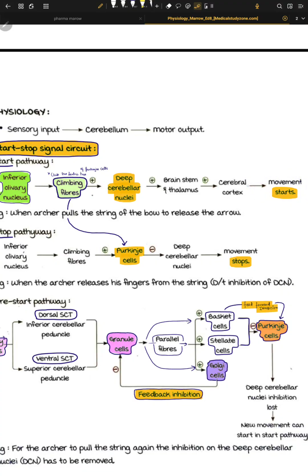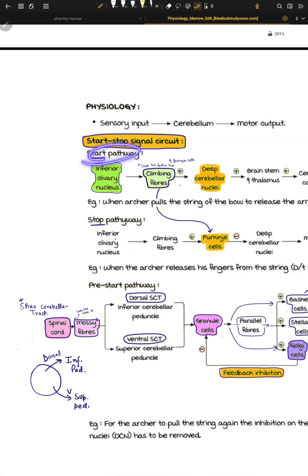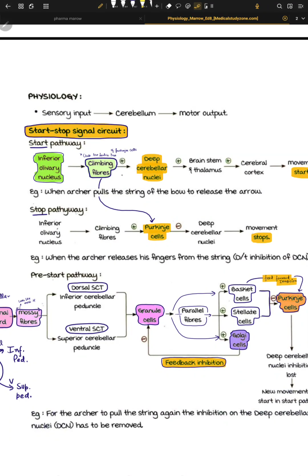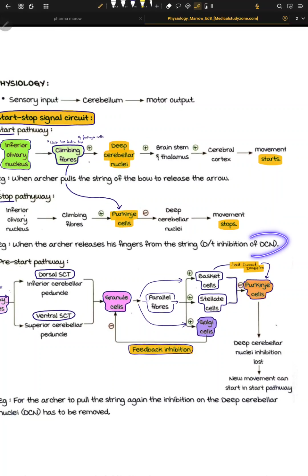From the cerebral cortex, via the corticospinal tract, the movement starts. That's how the start pathway works. This is when you want to start any sort of movement, like when the archer releases the string due to inhibition of DCN.